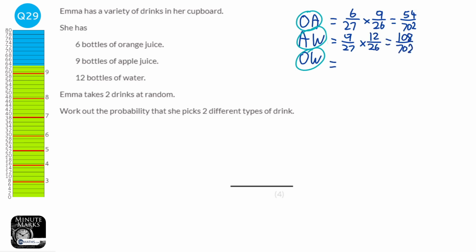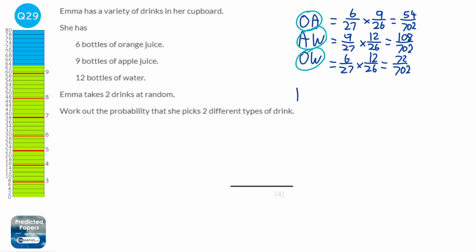And then orange juice then water will be 6/27 and 12/26, and that would be 72/702. Now we're looking at the probability of this or this or this, and the word or means add.